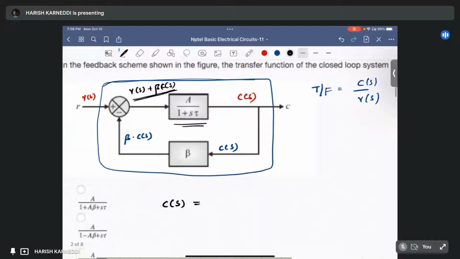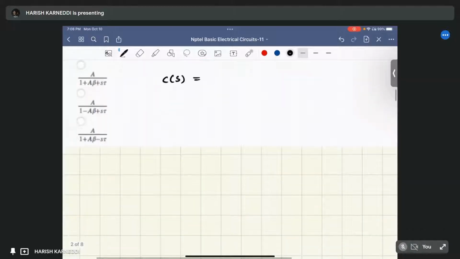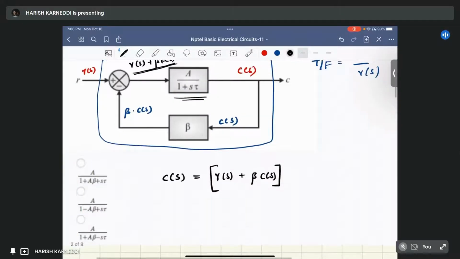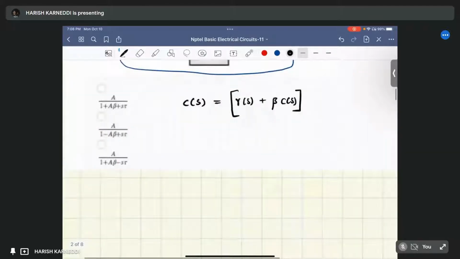The input signal is R of S plus beta C of S. The value of the gain block is A by 1 plus S tau.